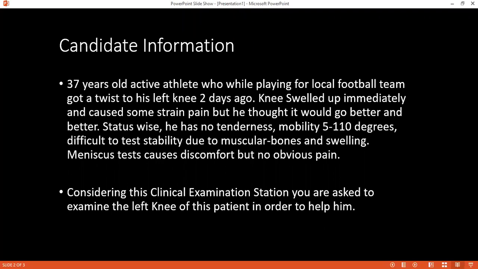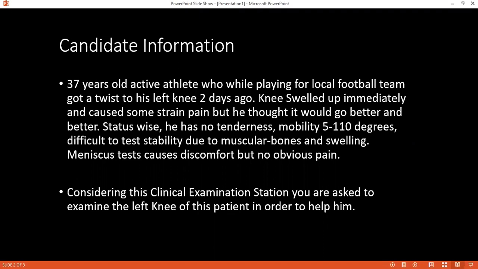After that, I will do the Lachman test, which is for ACL. With the same position, I will keep one hand on the thigh and another on the knee joint, and do 30-degree flexion. We will measure how much the knee joint comes out.